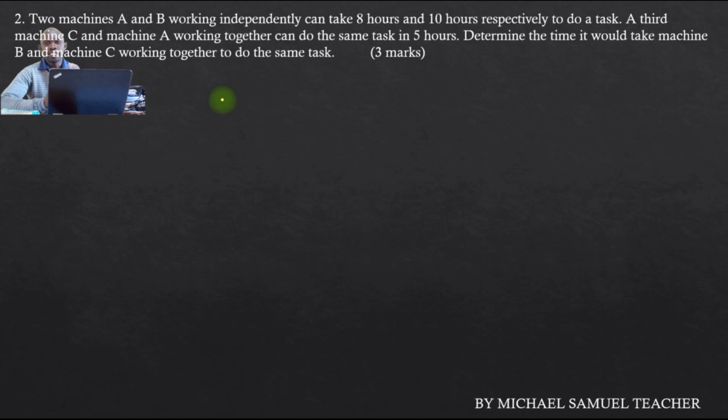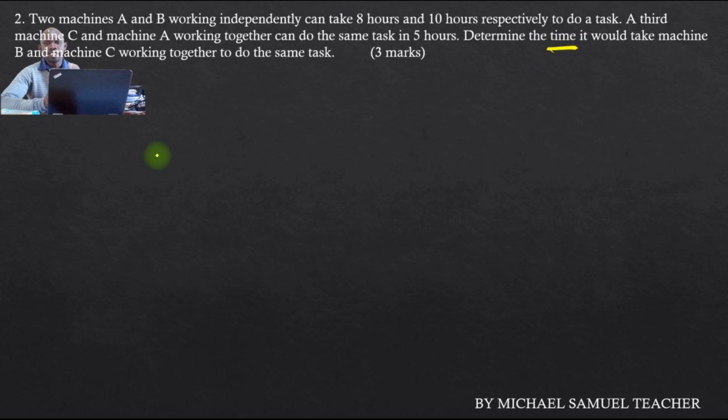So we have machines A, B and C, but A and B are working independently. A takes 8 hours, B takes 10 hours to do the same task, and then you have another machine. Machine C and A working together can do the same task in 5 hours. So we need to determine the time it will take machine B and C working together. So this is what we are after, time.